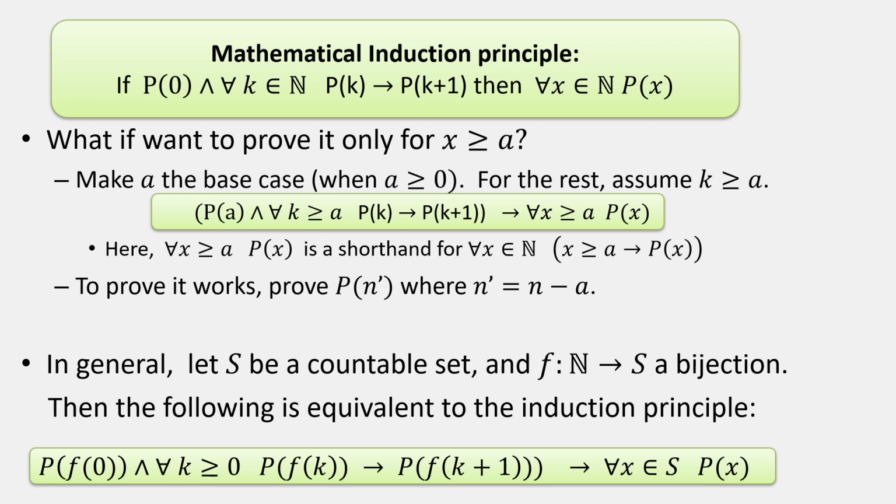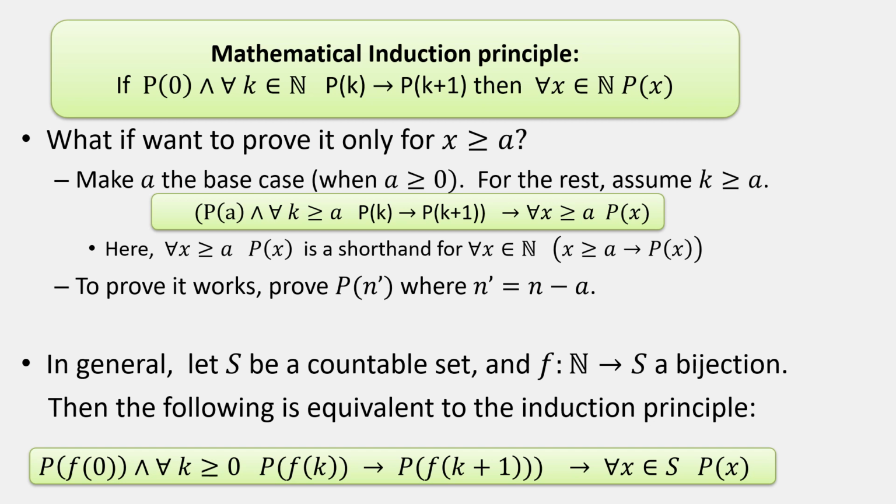we could always make a bijection between a countable set and natural numbers. In particular, we could make a bijection between the set of numbers starting with any natural number a and natural numbers.